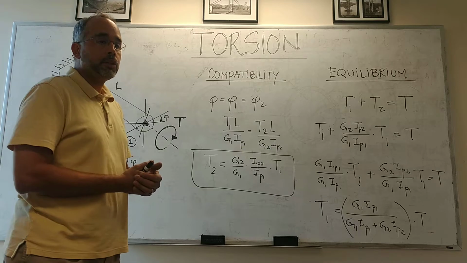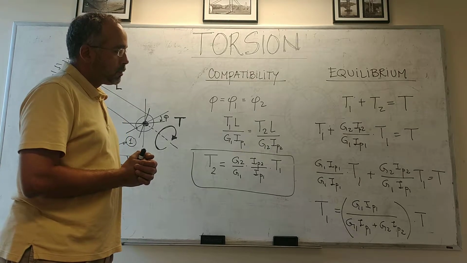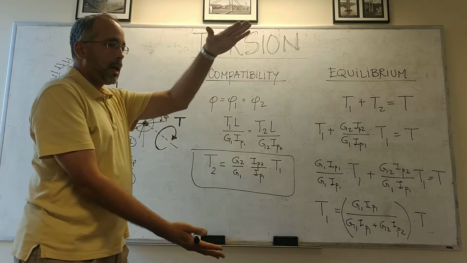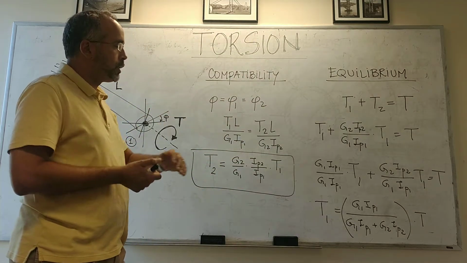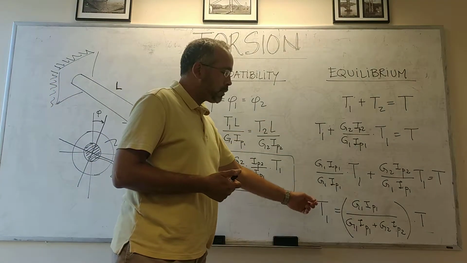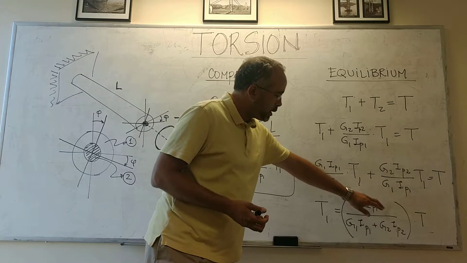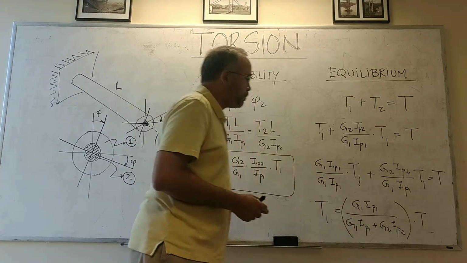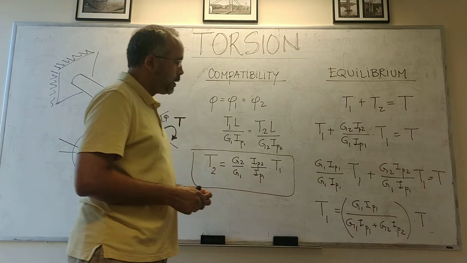This is a similar result to the one we obtained when we had a column made out of two materials subjected to compression. The total amount of compression going to one material is the stiffness of that material divided by the sum of the two. So the same thing happens here.